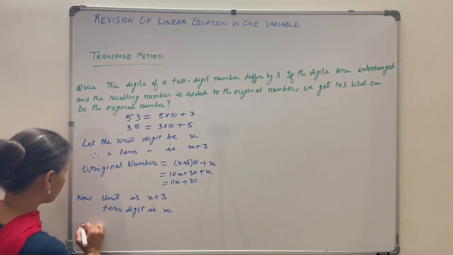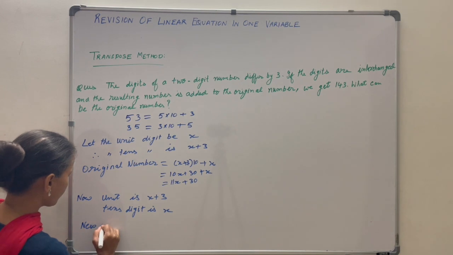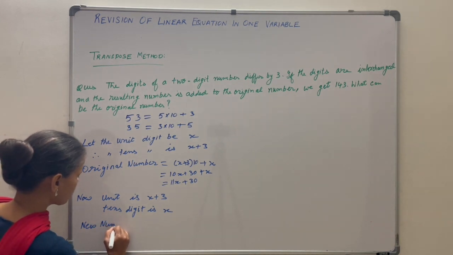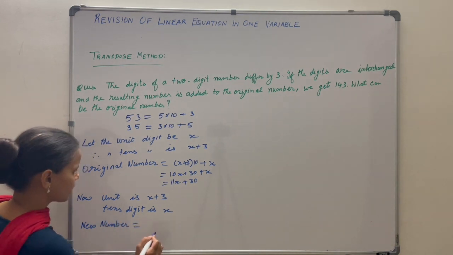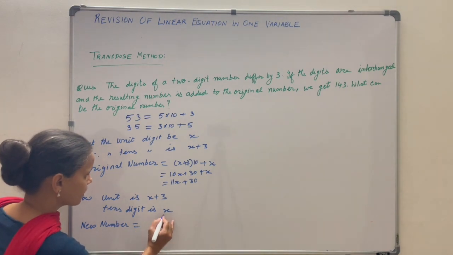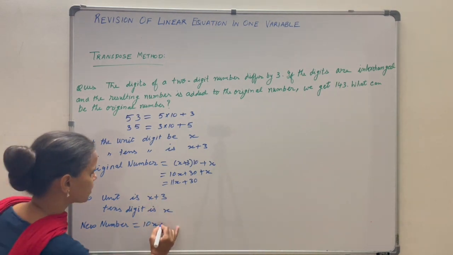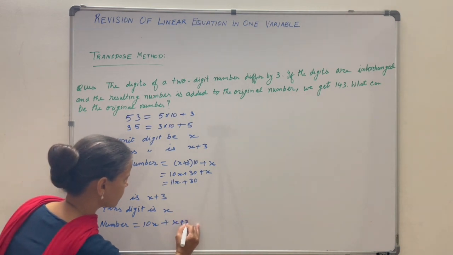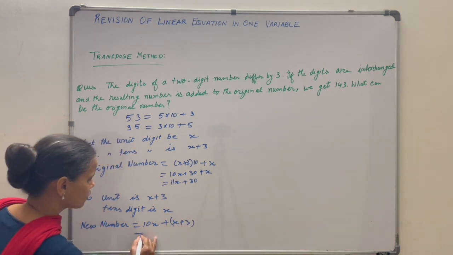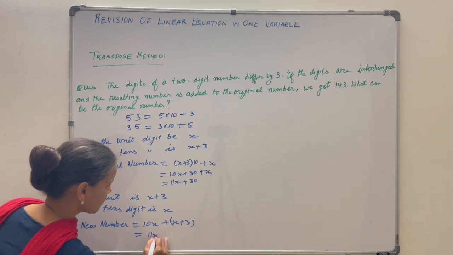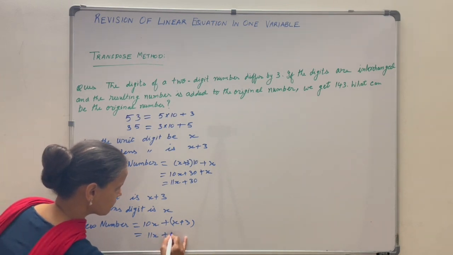So what is the new number? The tens digit x is multiplied by 10 and the unit digit is written as it is, x plus 3. So 10x plus x is 11x plus 3.